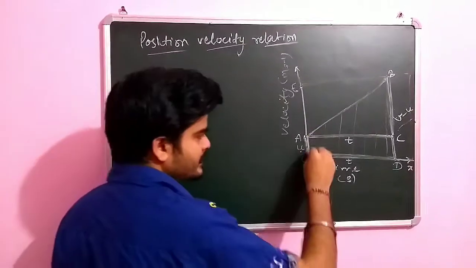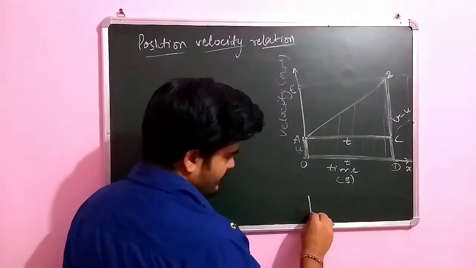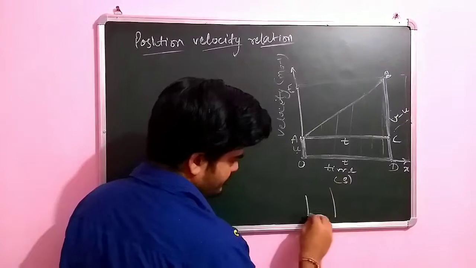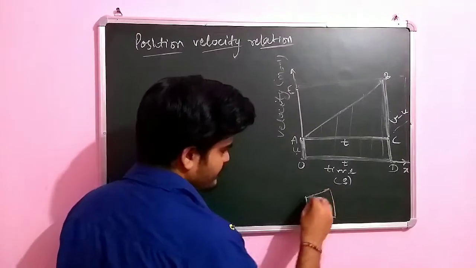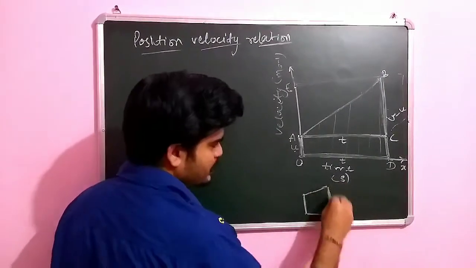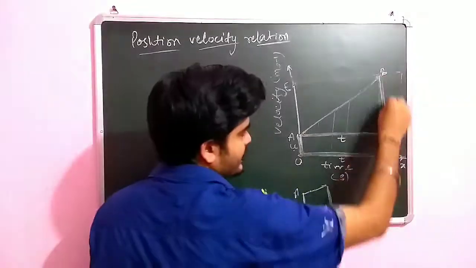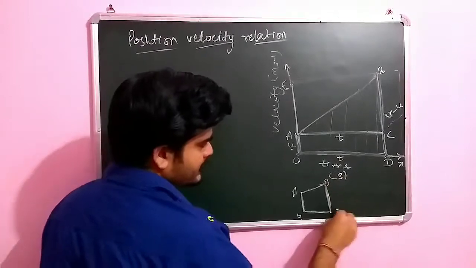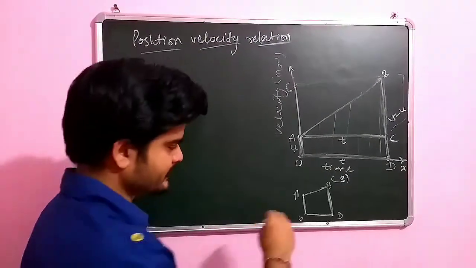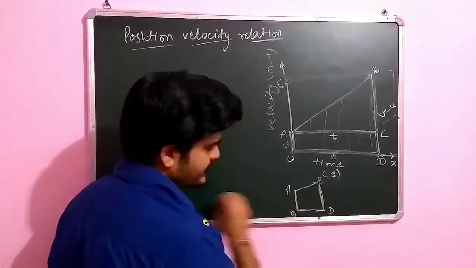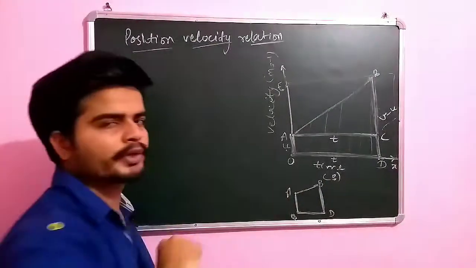This is a trapezium, in which OA and BD are the two parallel sides, and the distance between the parallel sides is OD.